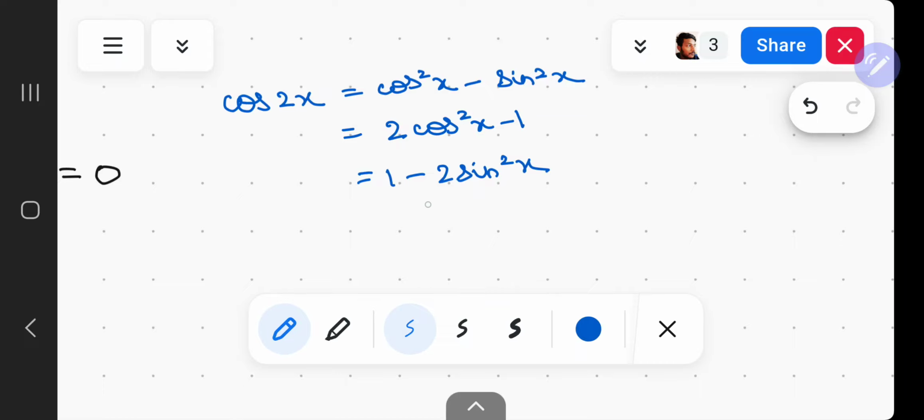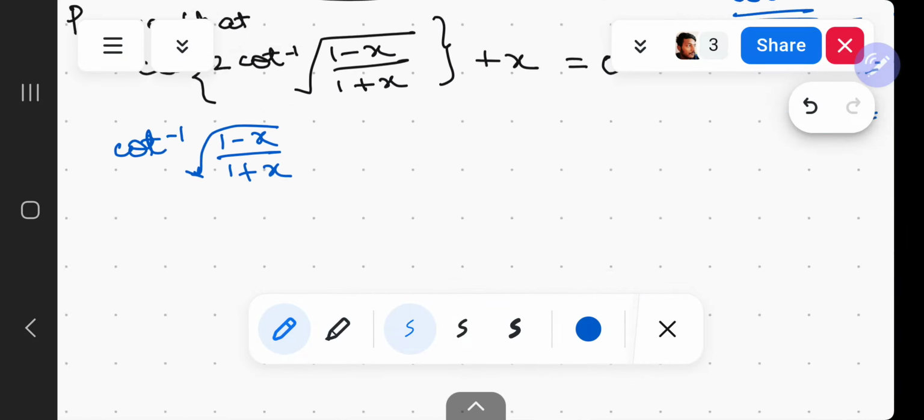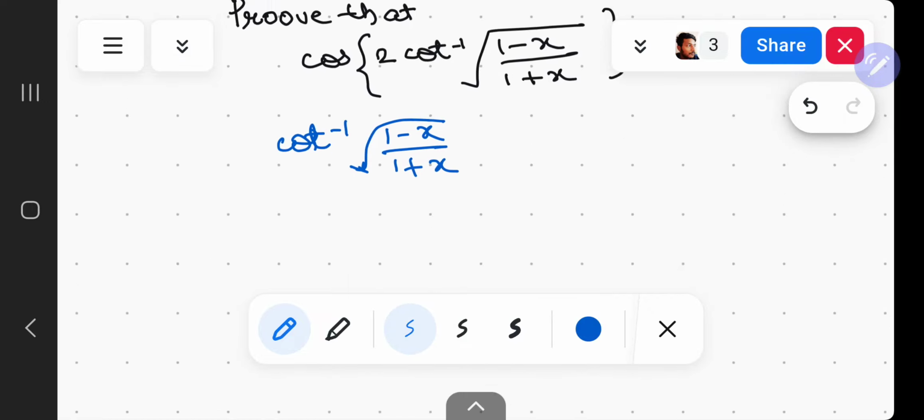Or we can write it in the form of tan, so that would be 1 minus tan square x over 1 plus tan square x. All of these are formulas of cos 2x. You have to remember these.